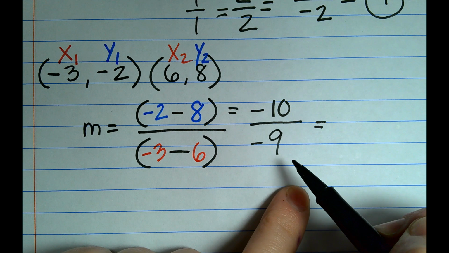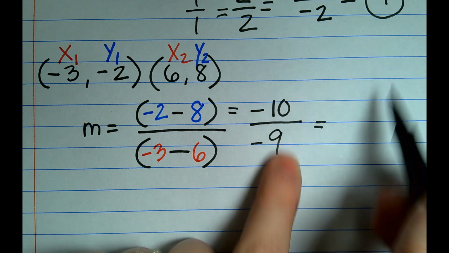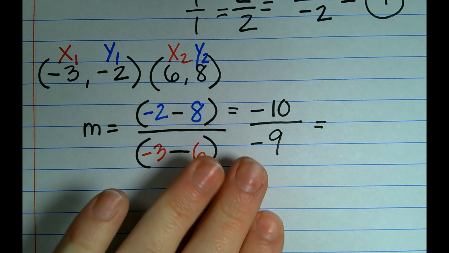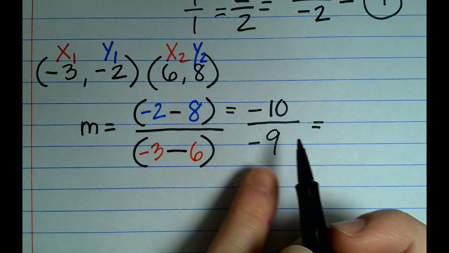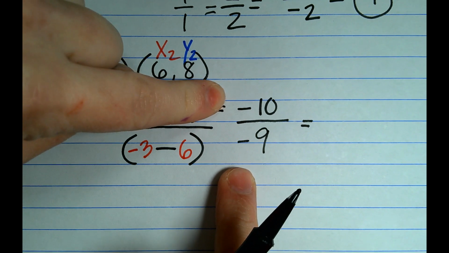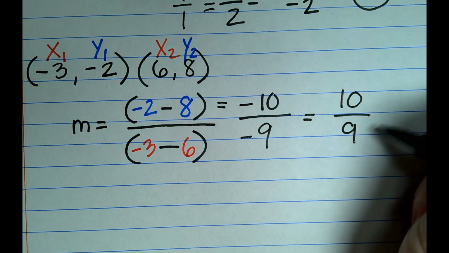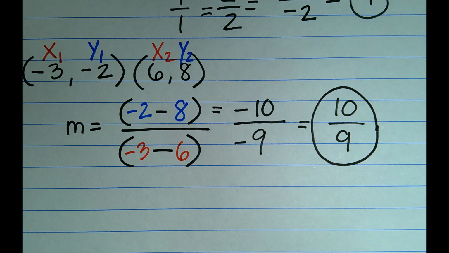I could try 3, negative 9 divided by 3 gives 3, but 10 can't be divided by 3. These two will not simplify, so we will keep the numbers. So the negative 10 over negative 9 is the answer. Almost. We do have one more step. Since they're both negative, what happens? They cancel out and become positive. 10 over 9. Perfect. And that would be our answer.